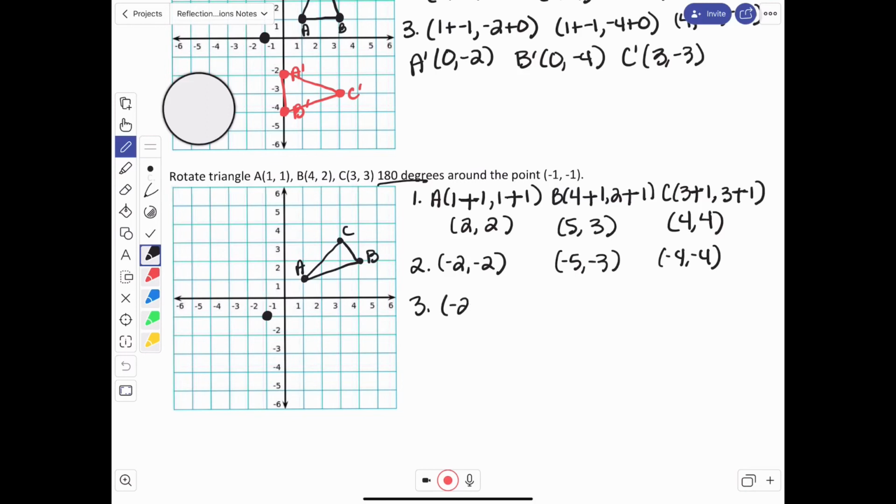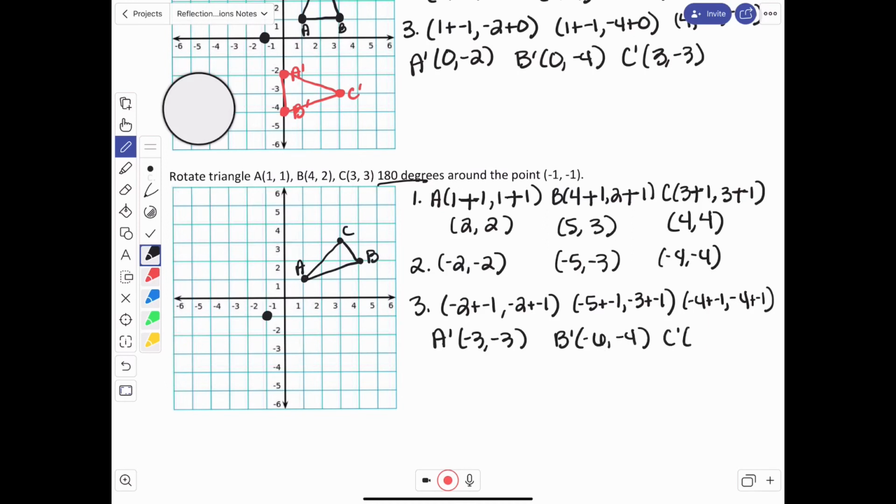So -2 plus -1, -2 plus -1 for point A, -5 plus -1, -3 plus -1, and -4 plus -1, -4 plus -1. All right, so when we simplify this for A, we get -3, -3. For B, we get -6, -4. For C, we get -5, -5.